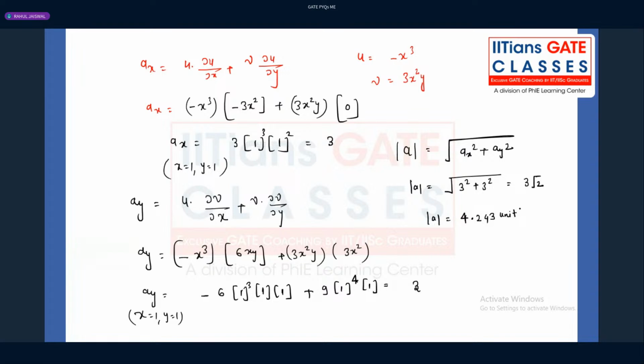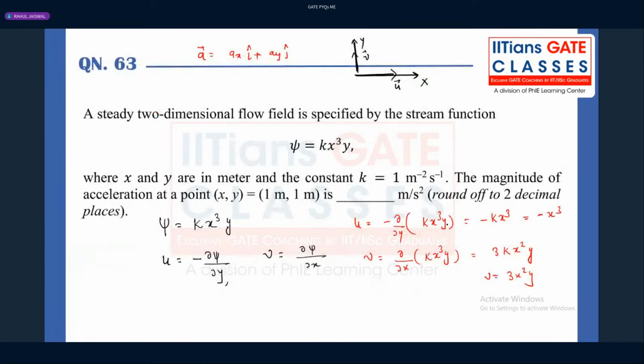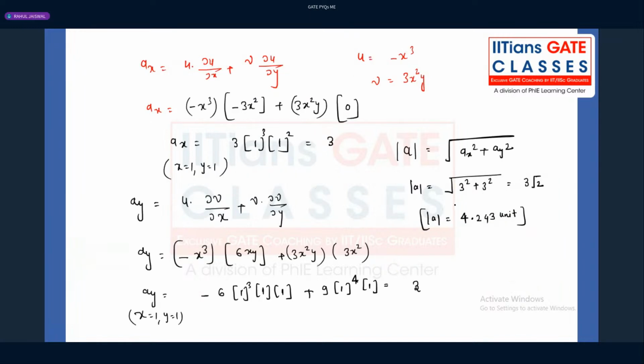That should be the magnitude of the acceleration at a point x comma y. What they are asking, we have to round off to 2 decimal places, so that should be the answer. What, guys? 4.24 meter per second square. Please try to verify it.